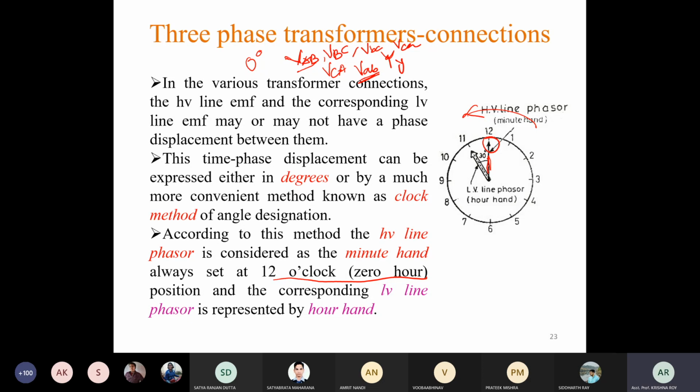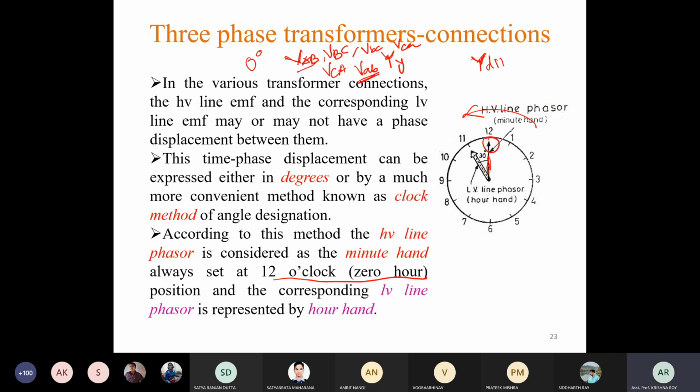Suppose we have a Y delta transformer, where the high voltage winding is star connected, the low voltage winding is delta connected, and the low voltage line EMFs are 30° ahead of the high voltage line EMFs, all three line EMFs. Then you write YD11.